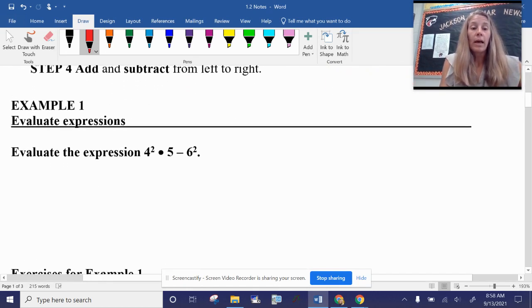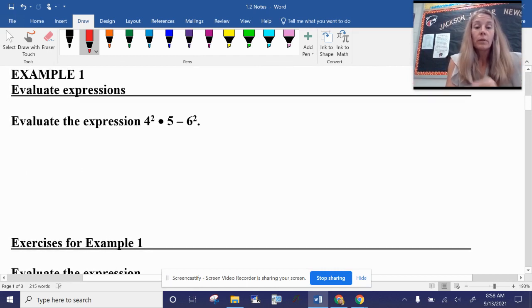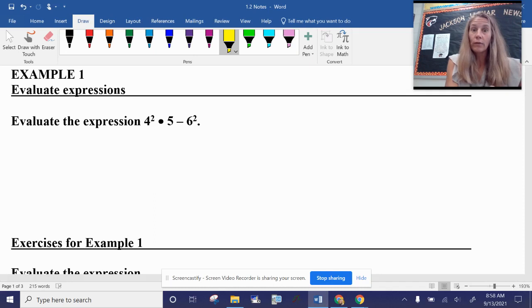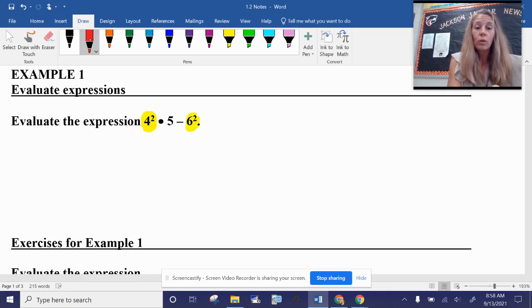Let's take a look at this example. This one does not have any grouping symbols or parentheses, so I don't have to worry about step 1. Moving on to step 2, which is my exponents. I have two pieces here that have exponents: 4 squared, which is 16, and 6 squared, which is 36. I still have this multiplication of 5 and this subtraction sign.